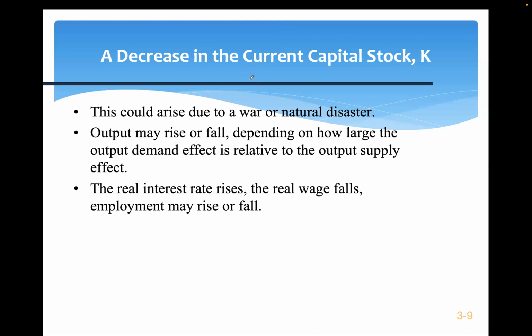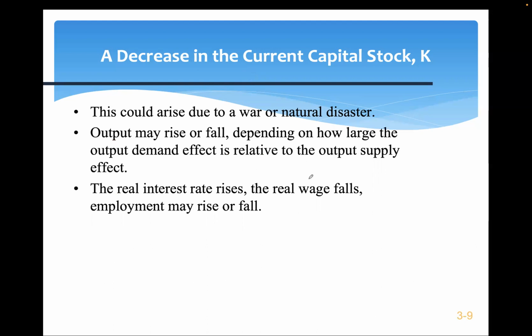So a hurricane can destroy a lot of houses and could damage our factories. Okay, or sometimes you have an earthquake or a flood. Okay, so in either case, that's going to create some destruction to our physical capital. Now we want to see how this physical capital destruction is going to change our equilibrium, right?